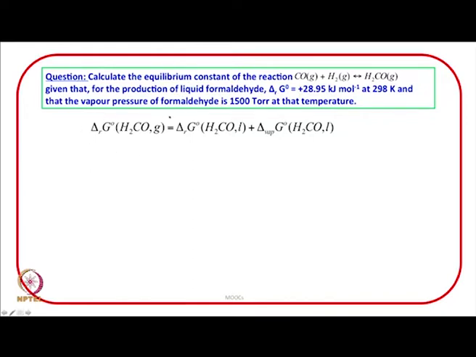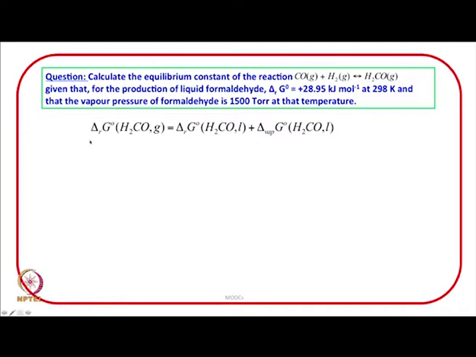The standard Gibbs energy of formation of gaseous formaldehyde will be equal to the standard Gibbs energy of formation of liquid formaldehyde plus the standard Gibbs energy of vaporization, because the liquid has to be converted to vapor, of the formaldehyde.